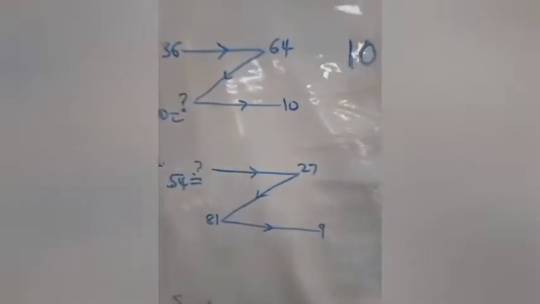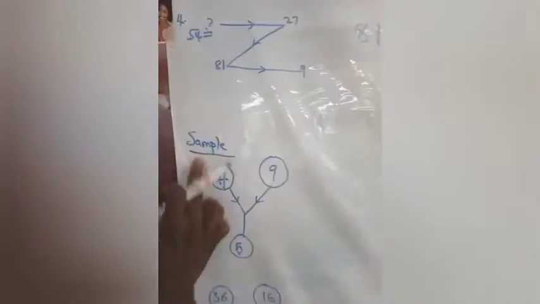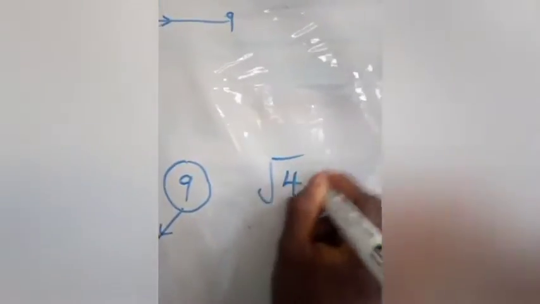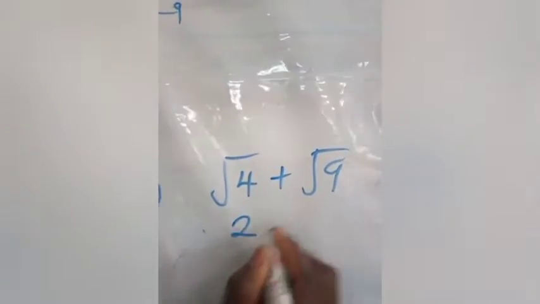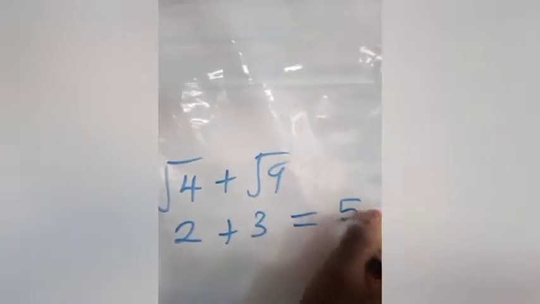We move straight to section B. Now, looking at the sample, to obtain 5 here, you simply say the square root of 4 plus the square root of 9. Square root of 4 gives us 2. The square root of 9 gives us 3. So 2 plus 3 gives us 5.